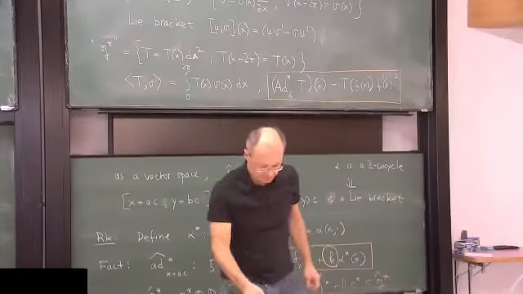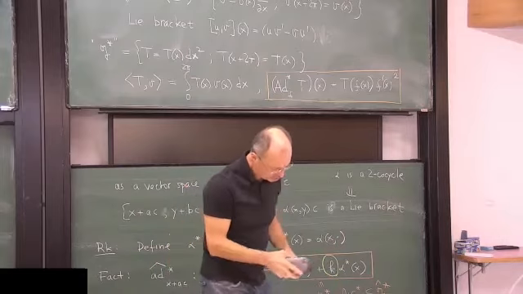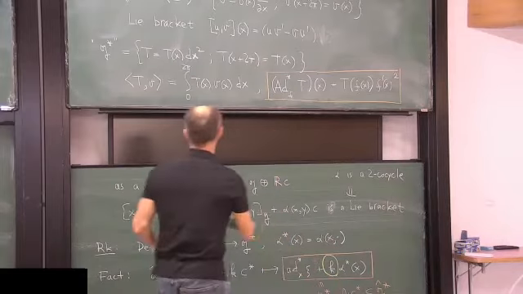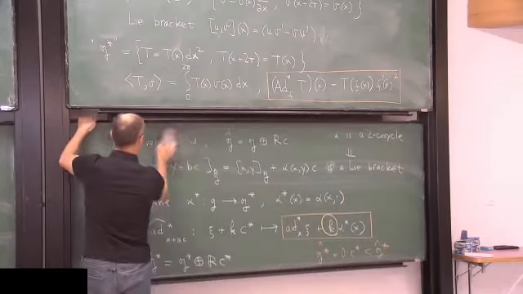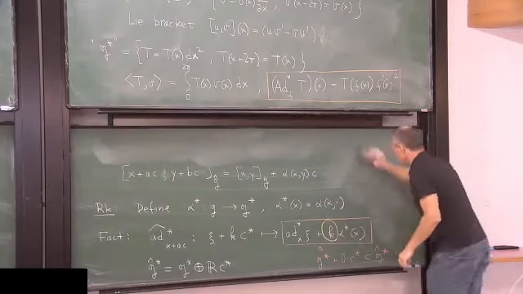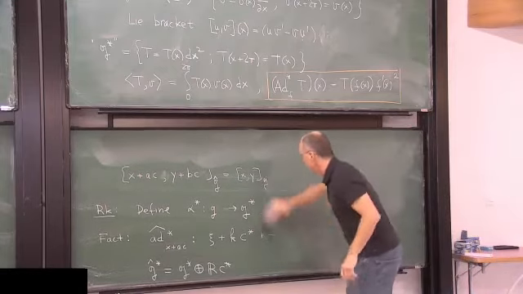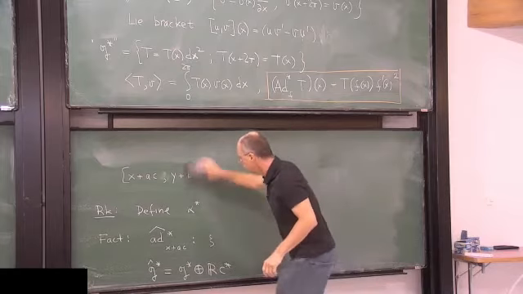Now, what about the central extension? Maybe before doing that, I introduce one more piece of notation, which would bring it closer to what people are used to in the physics literature.